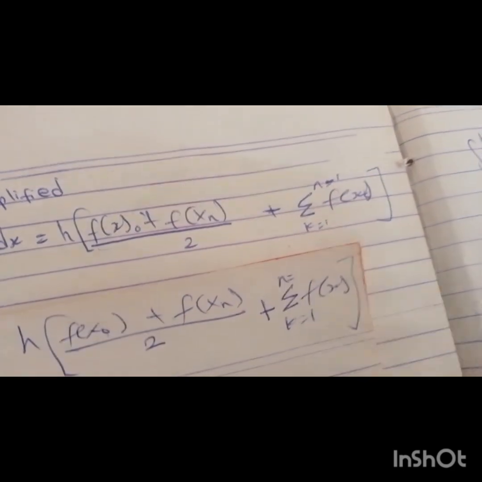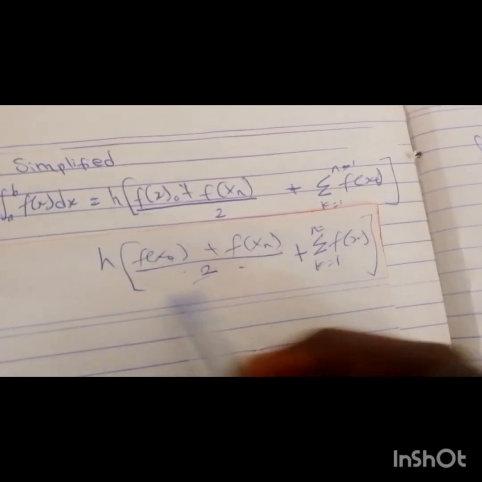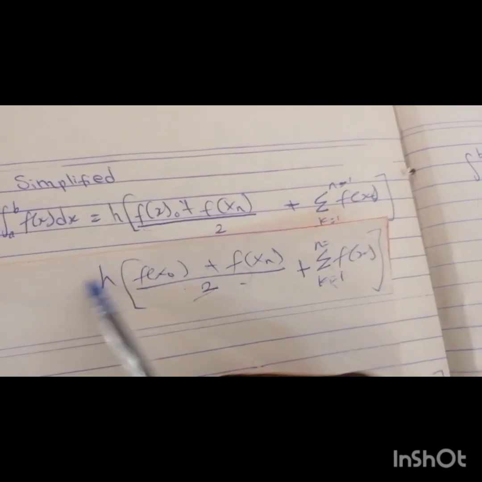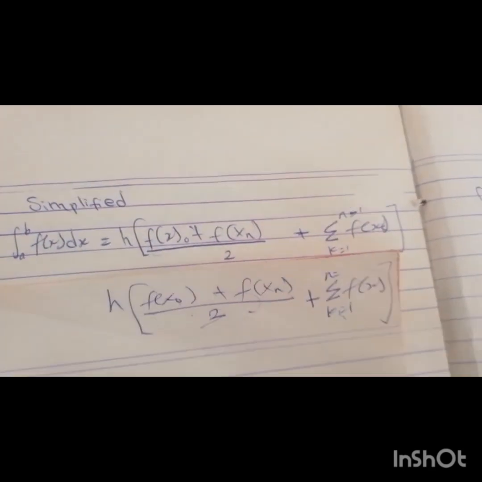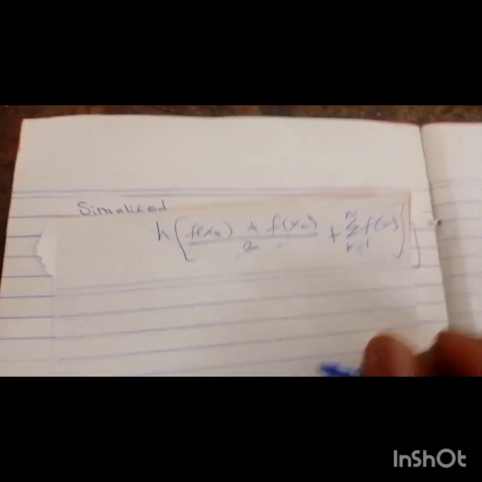So that means you add the first plus the last, divide them by 2, and add every other term inside the bracket. After that you multiply everything by the height. So let's pick an example and solve it.